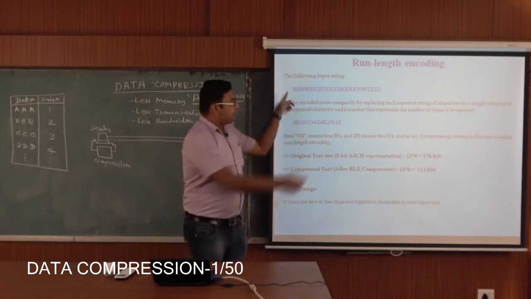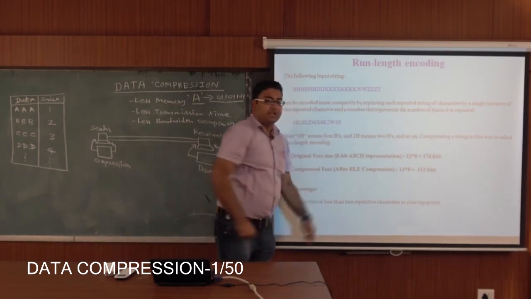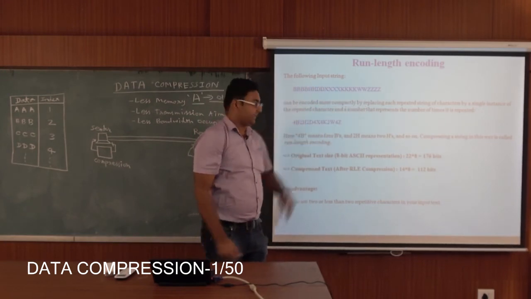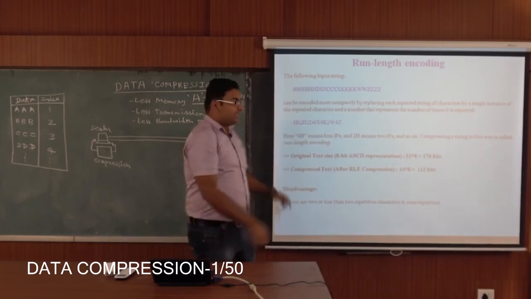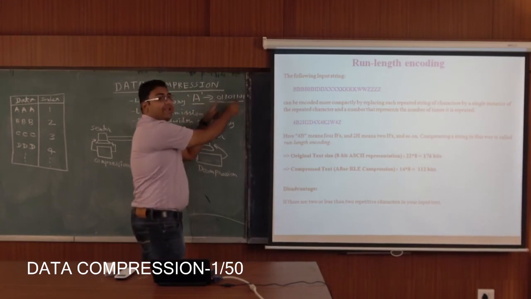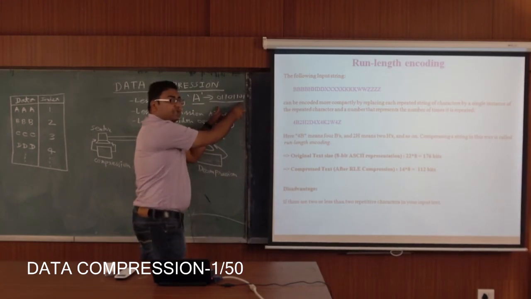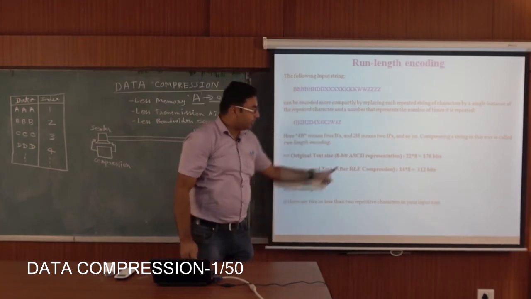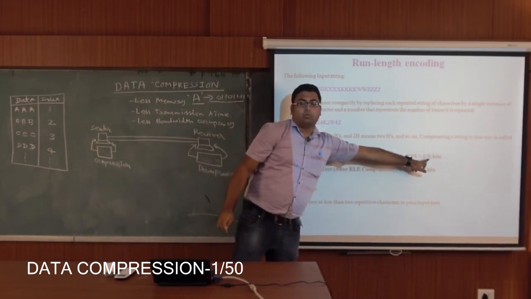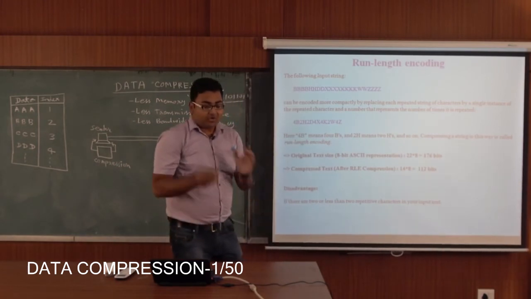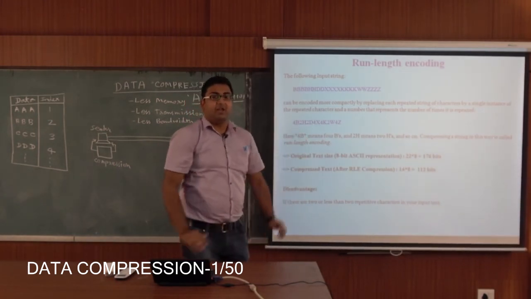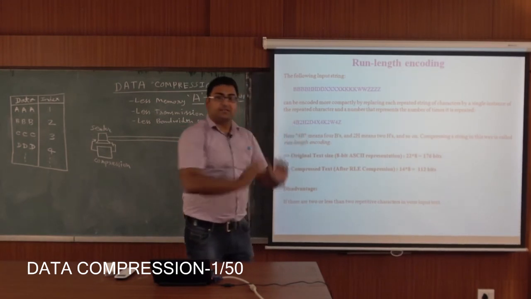So if we consider this input string, how many characters are there? There are a total of 22 characters in the input string. Each character will be represented by 8 bits in an 8-bit ASCII system, so 22 characters will be represented by 22 into 8, which is 176 bits. So the original size of the file before applying a compression technique is 176 bits.